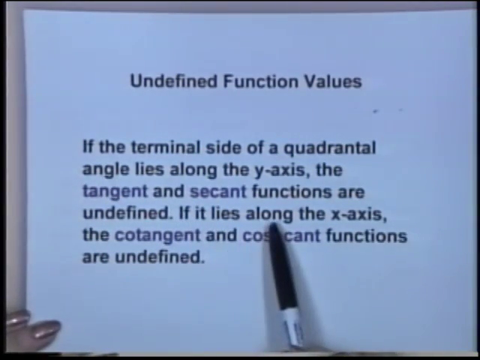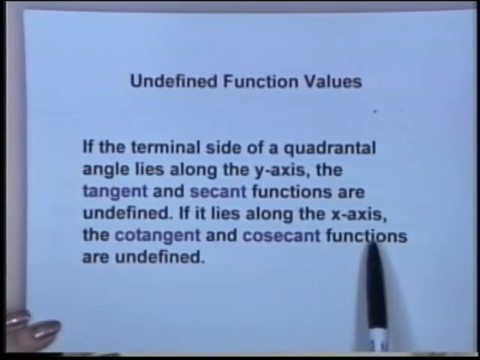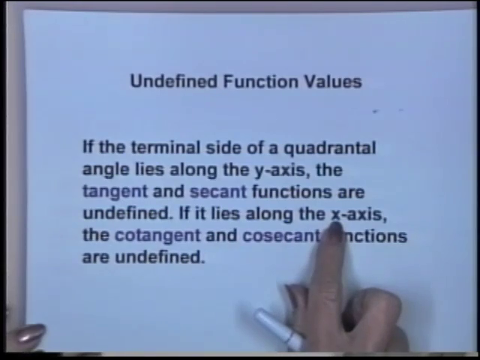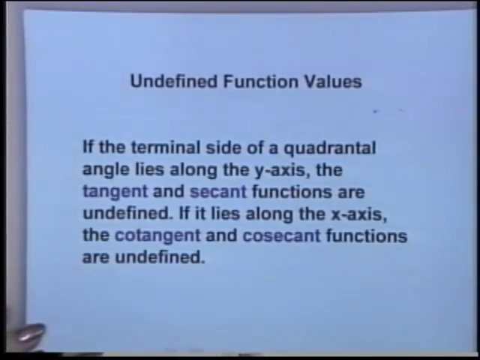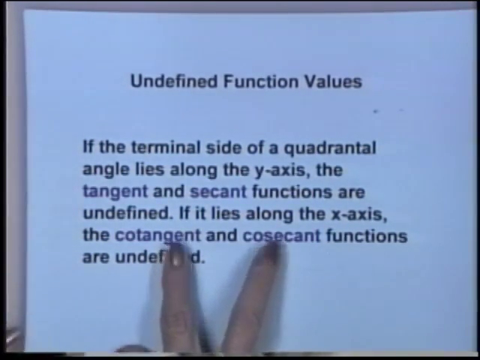If the terminal side lies along the x-axis, the cotangent and cosecant functions are undefined. And that's because on the x-axis, the y-coordinates are 0, and for these two functions, the y-coordinates are in the denominator, which makes those two functions undefined.